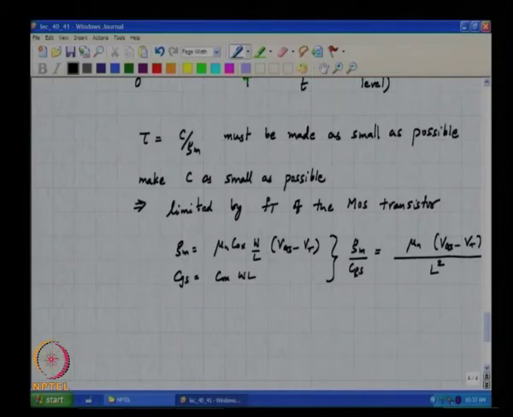Well, in more physical terms, if you reduce L, two things happen. The field strength is increased, because the field which is propelling the carriers is Vgs minus Vt by L, and the carriers have to travel a shorter distance. So, it goes as L square.